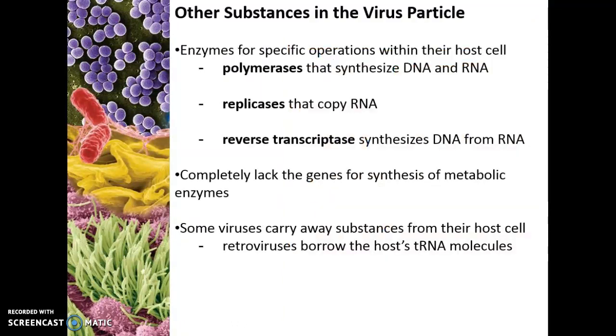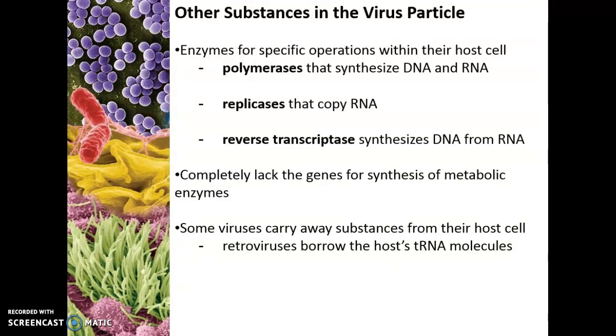All right, then other substances that can be found in the virion, or the virus particle, are different enzymes. Enzymes are going to be present for specific operations within their host cell. Some of them will carry polymerases that are able to synthesize DNA and RNA. Some of them have their own replicase.